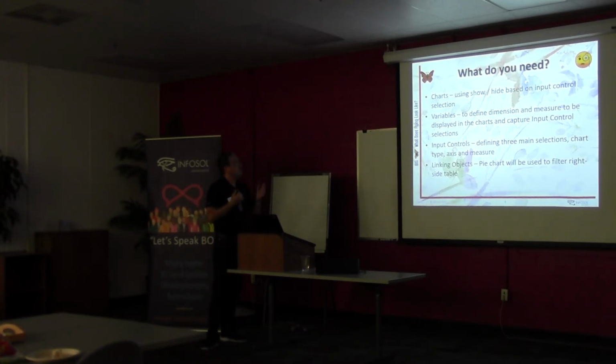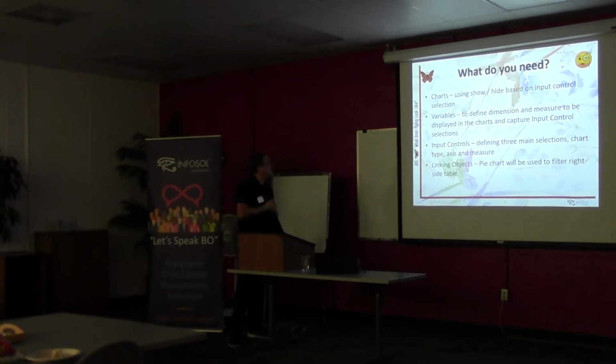Our variables, we will be using variables to define the dimensions and the measures that will be displayed in the charts, and also capturing the input control selections. Input controls, we saw those three main input controls. And linking objects, in my case, I'm linking the pie chart to filter the table.